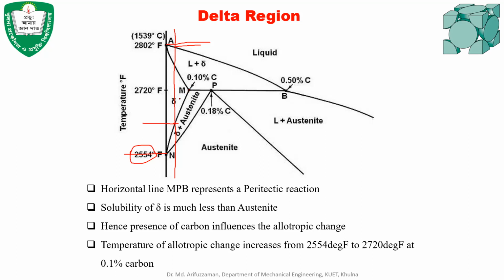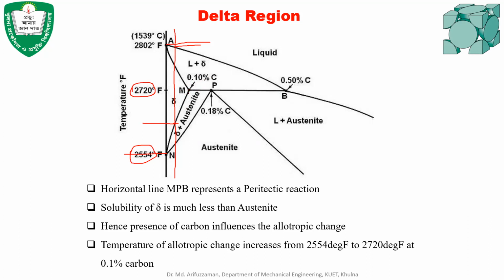That means the maximum amount of carbon that delta iron can have in its structure is 0.1% carbon, but the temperature has to be 2720 degrees Fahrenheit. That means when the temperature drops, delta iron has less capability to hold carbon atoms in its structure.